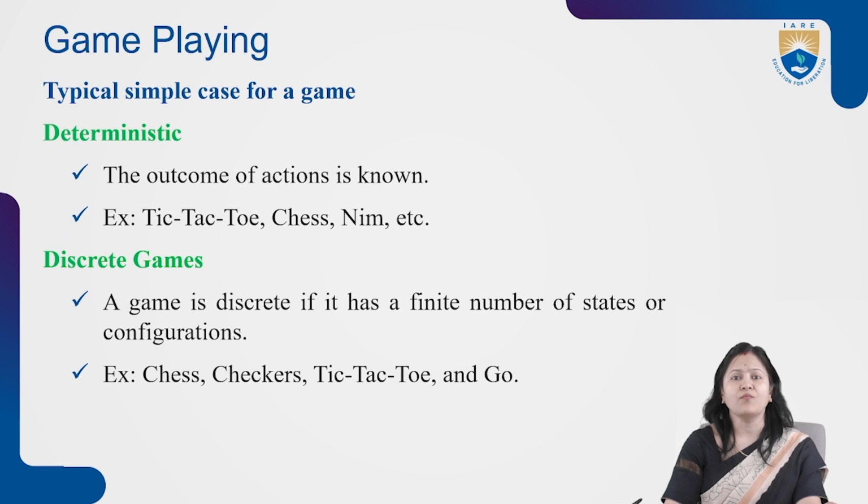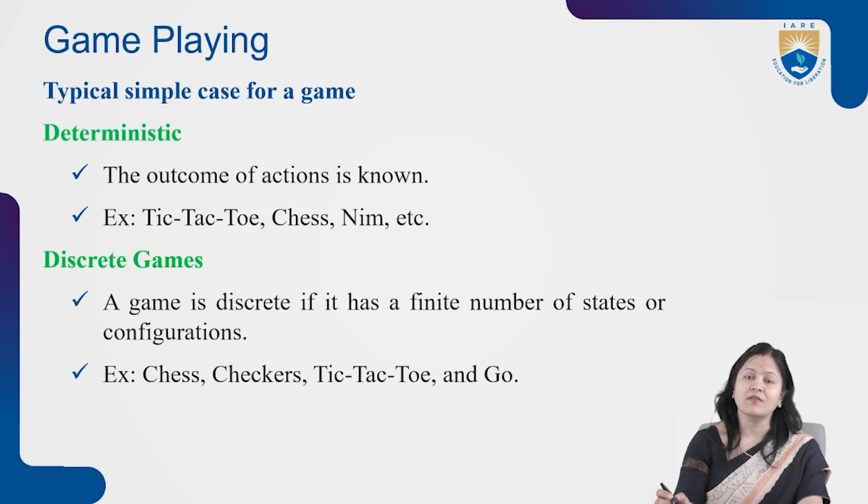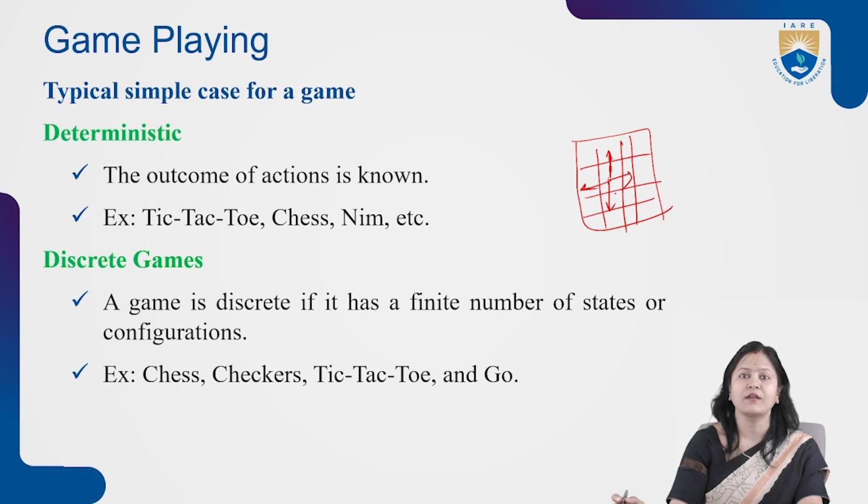Whereas a game is discrete if it has a finite number of states or configurations, meaning every action can generate a finite number of moves. Like if you take the 8 puzzle game, the agent can move either in the forward direction, the backward direction, the left direction or the right direction.